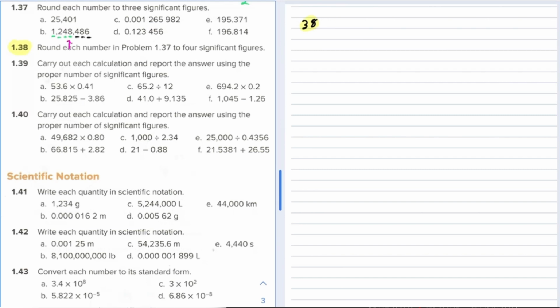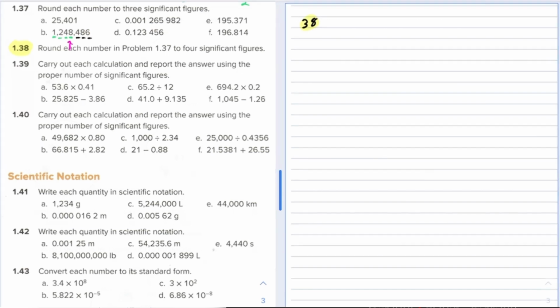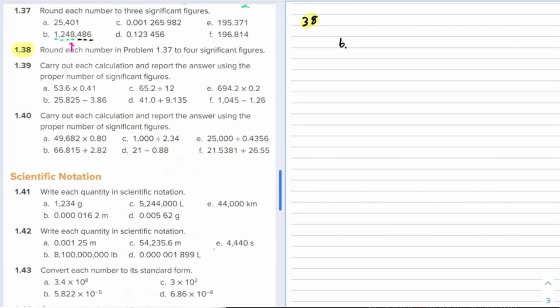And you remember how to round. You look at the fifth one, the next one, and if it's 4 or less, then you chop these off. They all become zeros. This is a 4, so the remaining digits are chopped off.